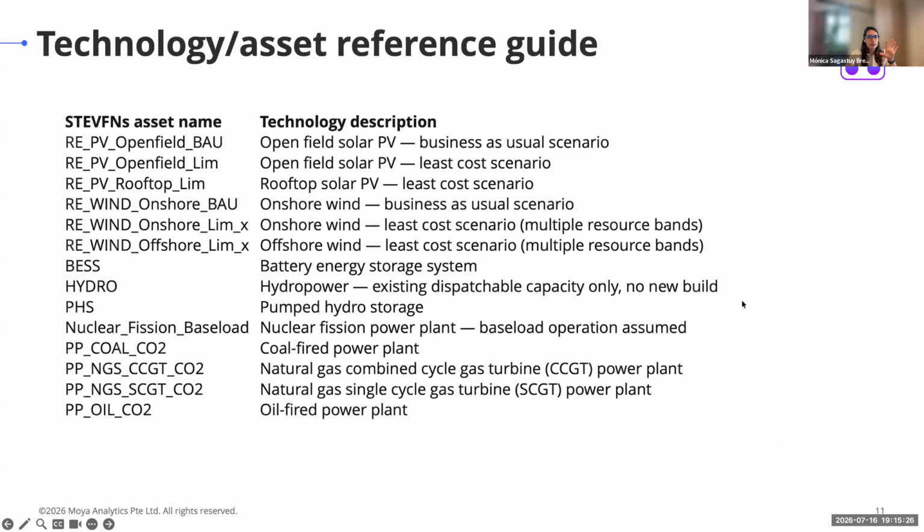This is for reference for you later, so I'm not going to go into every single thing, but we have the Stevens asset name and the technology description. The one thing to note over here is we currently have developed 10 bins of onshore and offshore wind each.